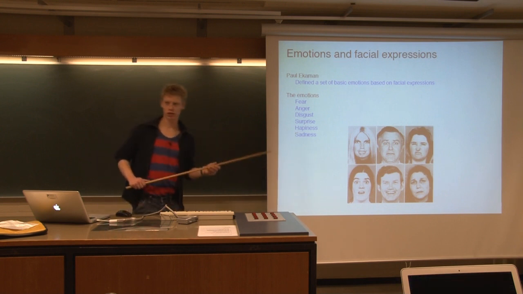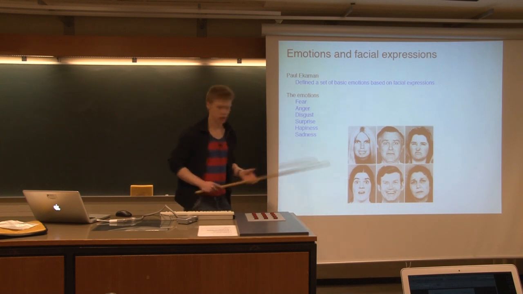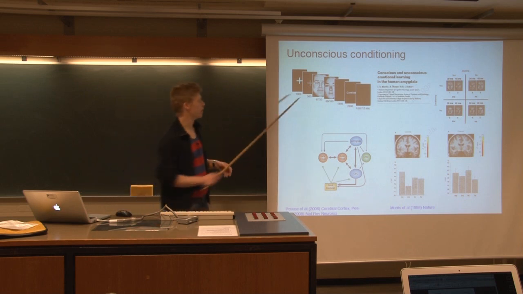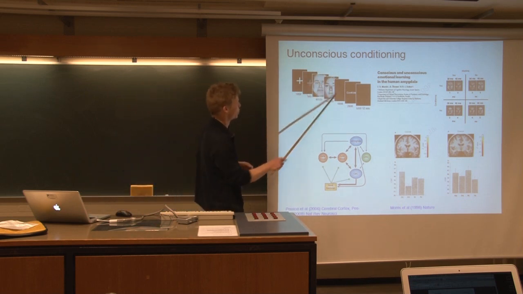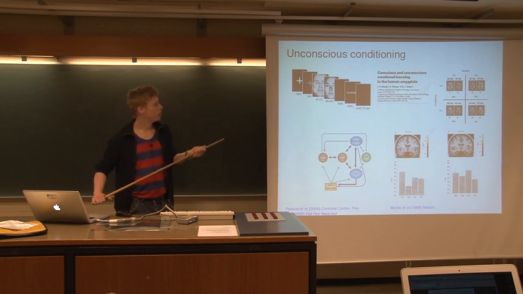Sometimes it can be a bit difficult, especially when you're presented with these faces in experimental settings. What they usually do is remove hair and everything, so it's just faces that look like this, and then you have to judge the expression based on these.